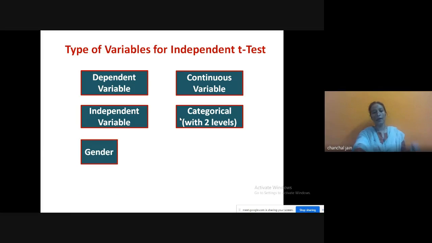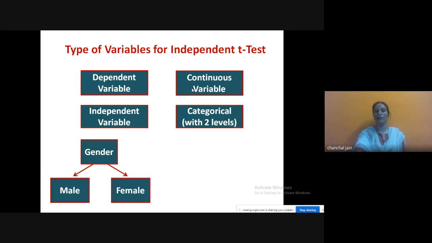For example, gender is an independent variable. Gender is a categorical variable, first thing. Second, we can classify gender into two categories, that is the male category and the female category. So gender is an independent variable and it has two labels, that is male and female.